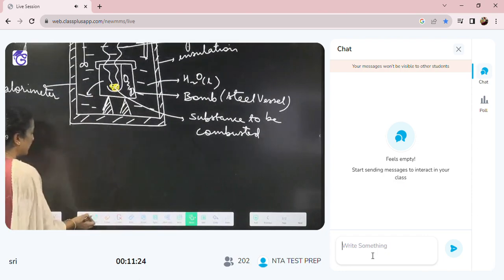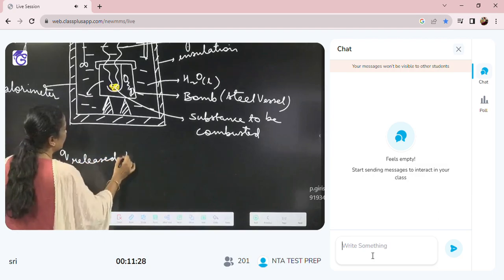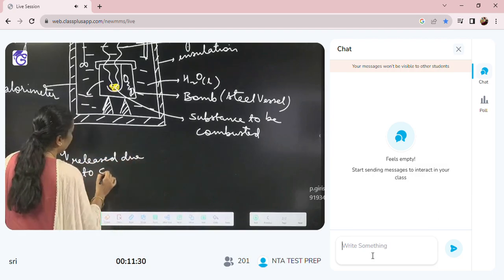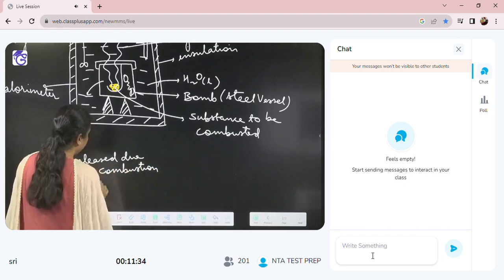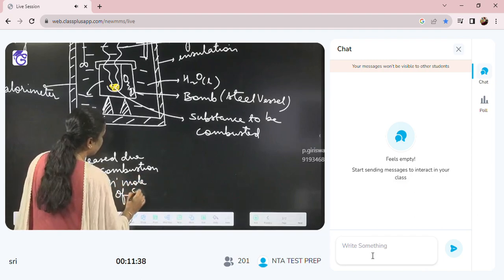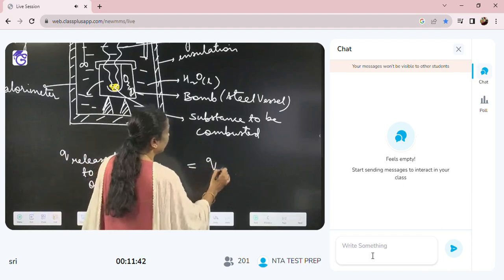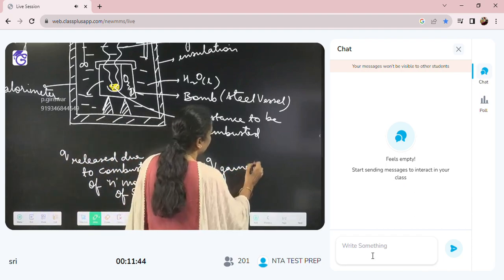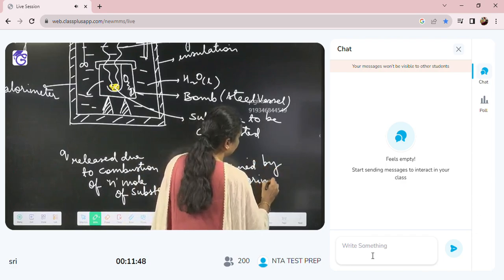Here I can simply write: heat released due to combustion of n mole of the substance is equal to heat gained by the calorimeter system.